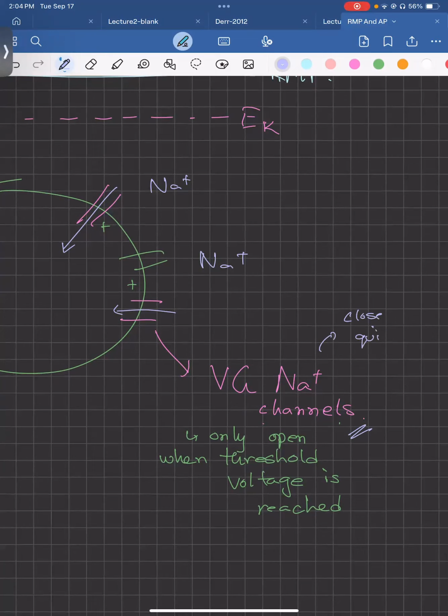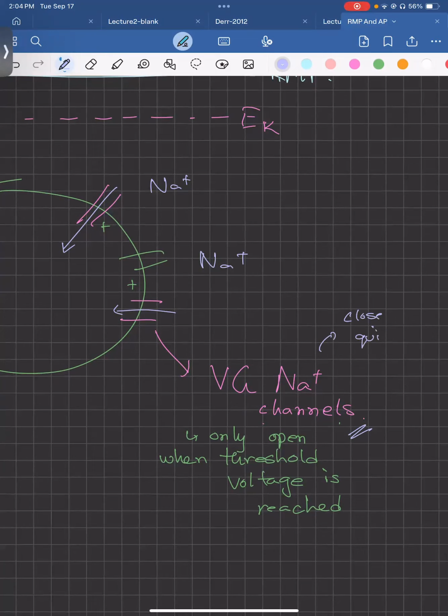They only stay open for a little bit of time, and then the inactivation gate takes over, and the inactivation gate closes. Okay. And the inactivation gate would not open until it goes back to around minus 70. Okay. So this inactivation gate closes.